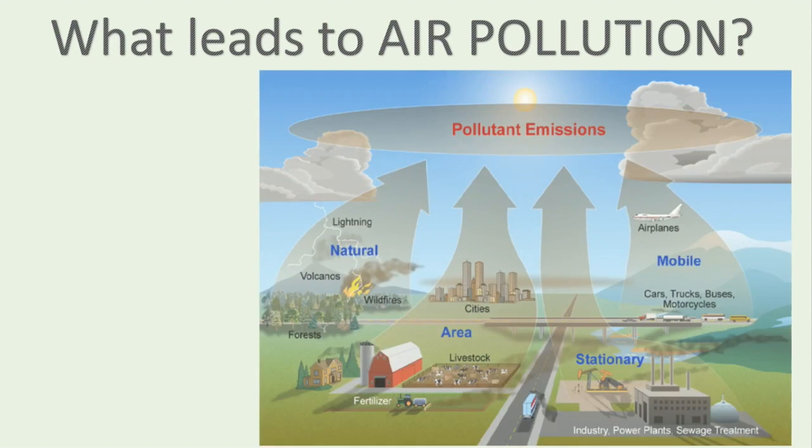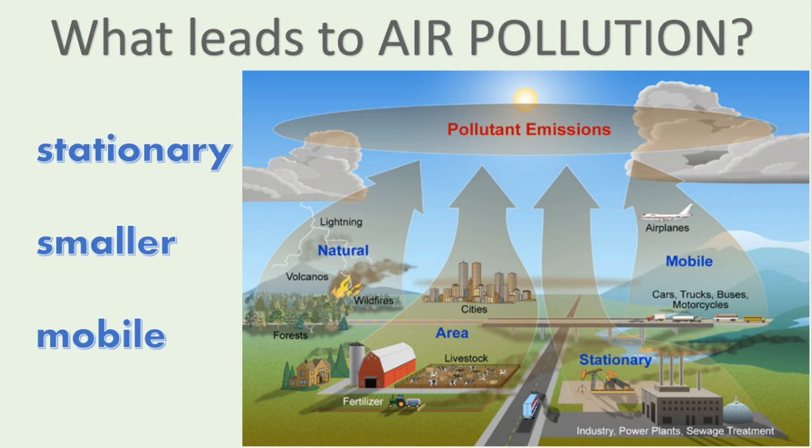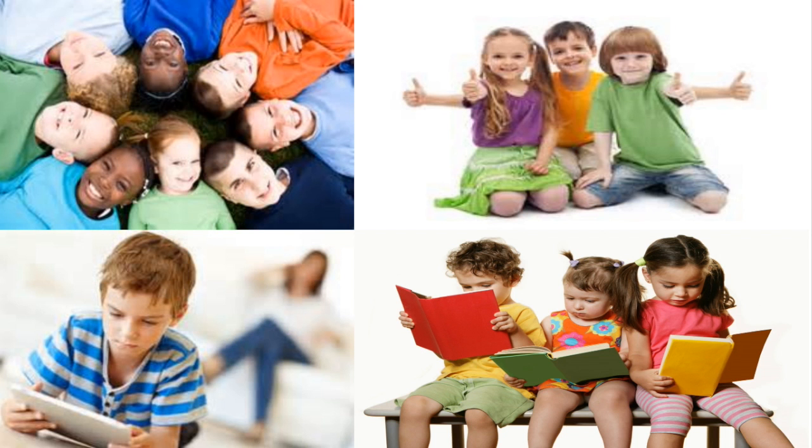Air pollution comes from many different sources, such as stationary sources, which include factories, power plants, and smelters. There are other smaller sources such as dry cleaners, mobile sources such as cars, buses, planes, and trucks.